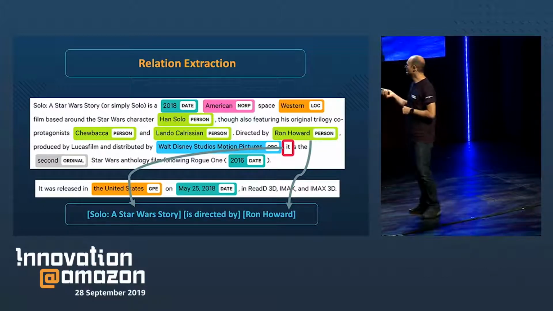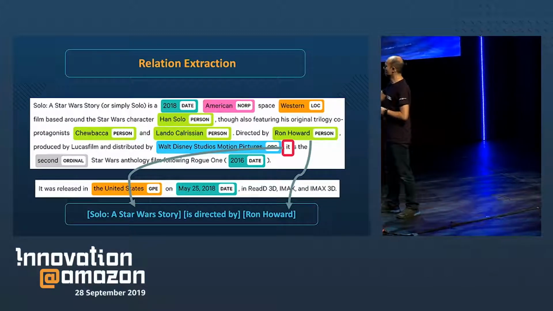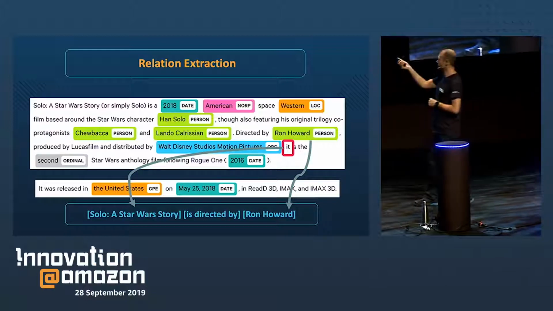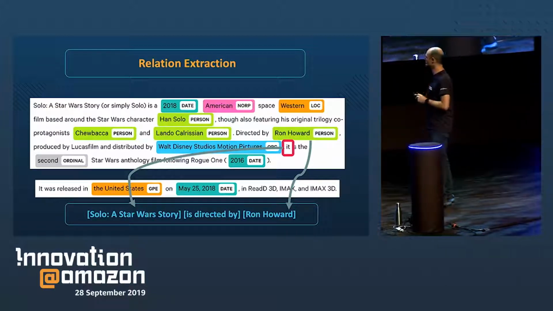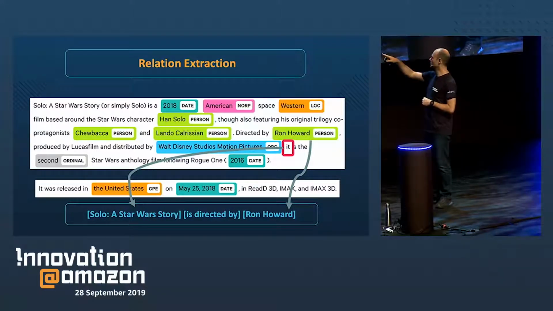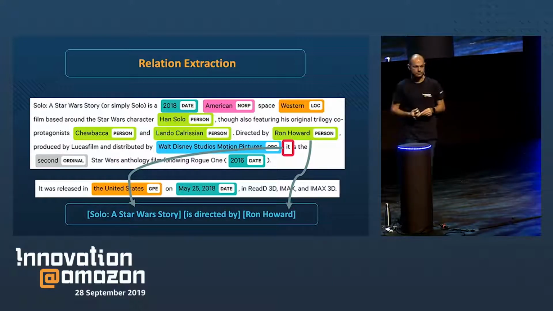So for example, from reading this text, you might say: directed by Ron Howard, produced by Lucasfilm, distributed by Walt Disney, it is the second Star Wars anthology film, et cetera. Here you want to know "it" refers to the film, you want to know who Ron Howard is, which is the director, and you want to be able to read this text and come up with a relationship such as this film is directed by Ron Howard.